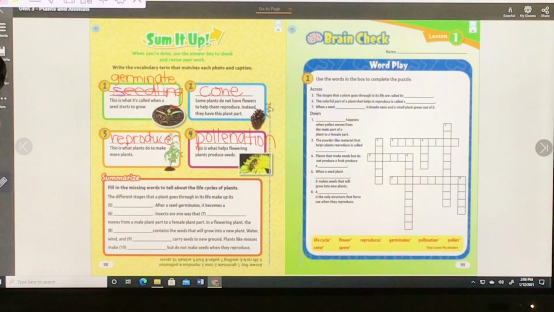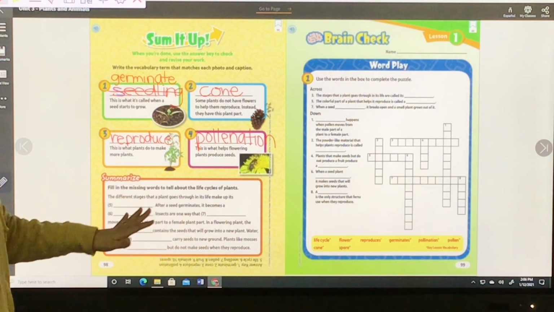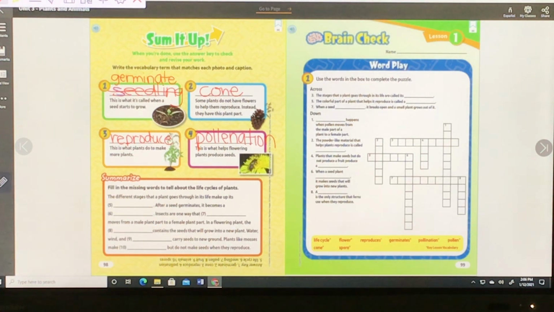All right, now we have to fill in the blanks with the correct word that tells about the life cycle of plants.